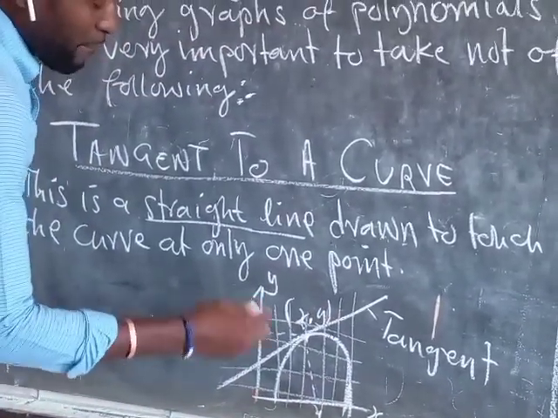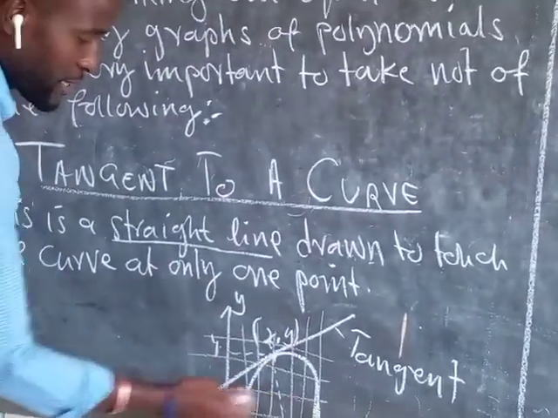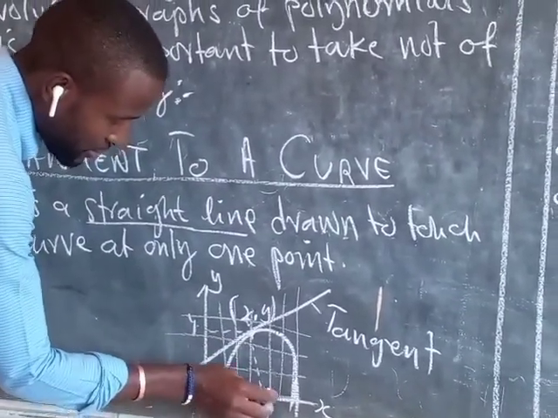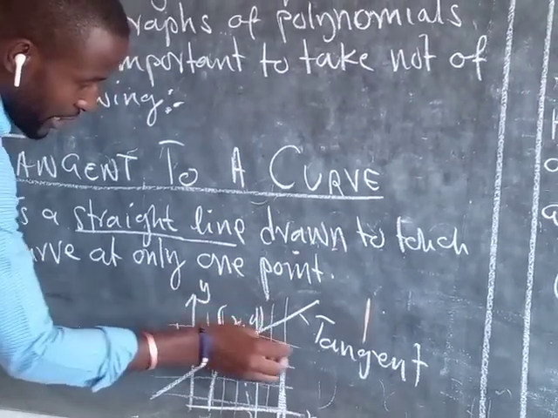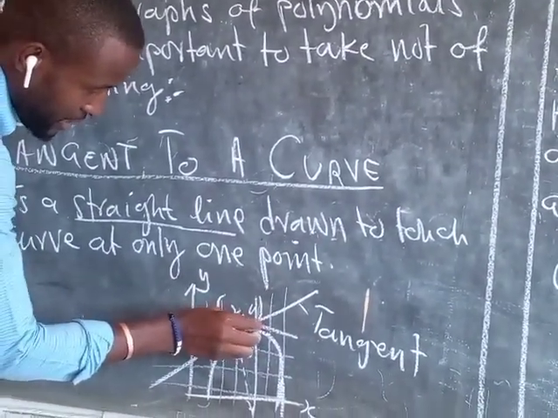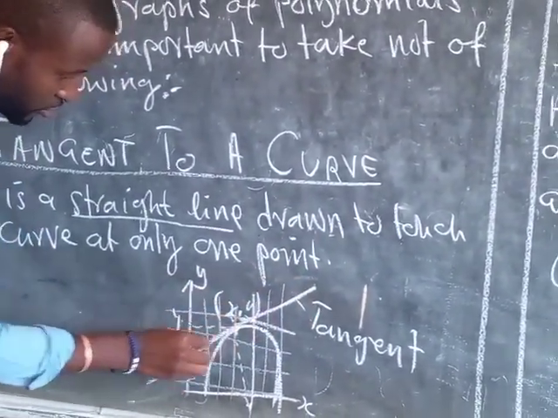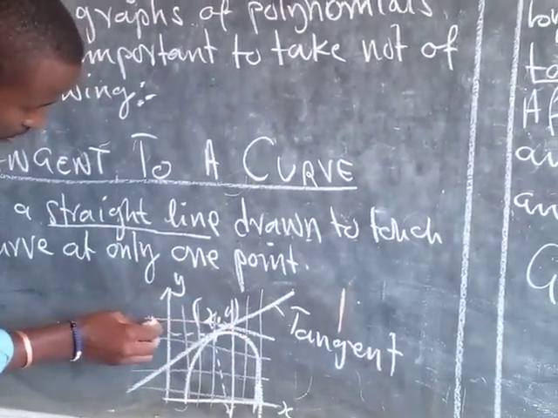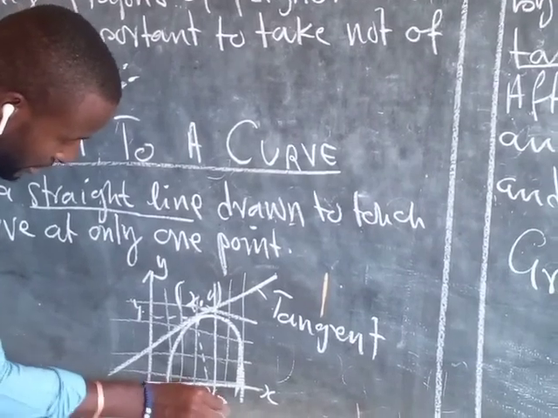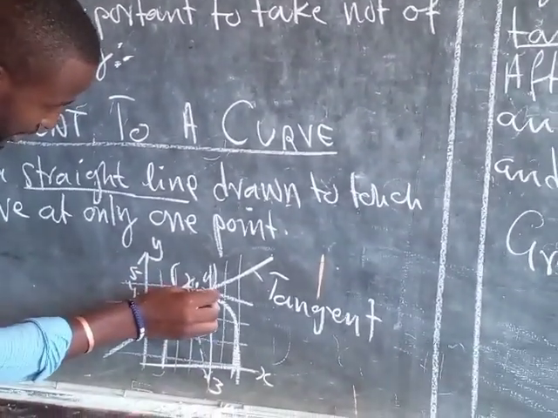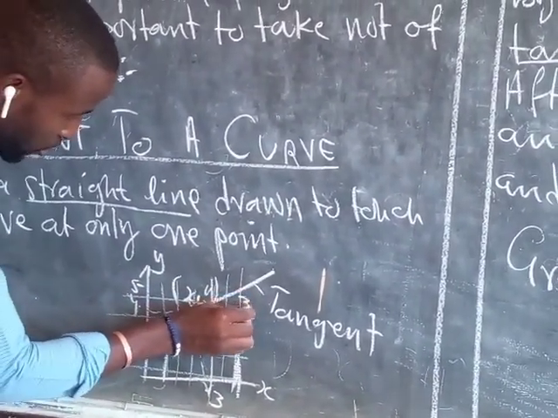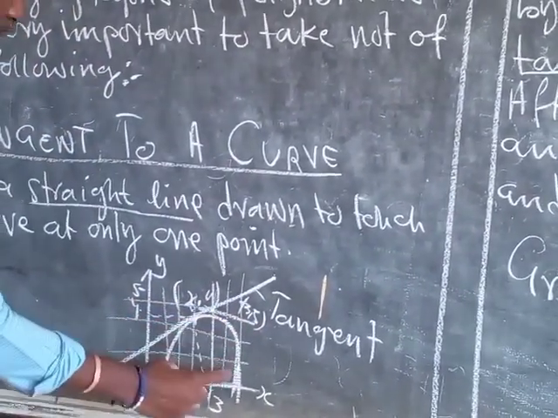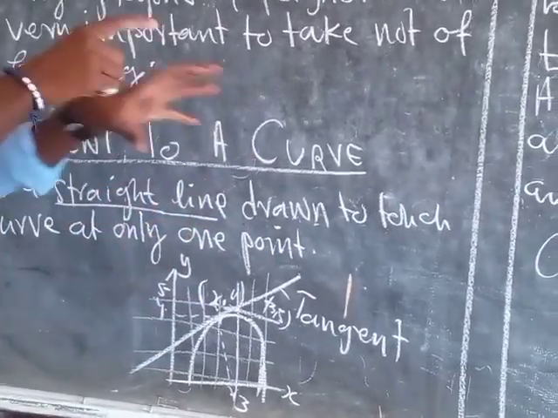For me to find another point, it should be on the tangent line. I'm going to look at where two grid lines, like this box and this box, cut where the tangent is passing. So I get this point here and this point there. If here it was 3 and here it was 5, the second point will be 3, 5. So I have x, y and 3, 5 as my points to find the gradient.